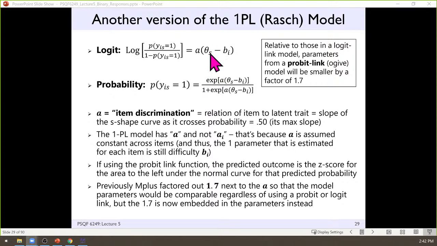So the difference between theta and difficulty is multiplied by something. So another way of phrasing this model is that we're saying that the slope that describes the relationship between these things is equal across items.